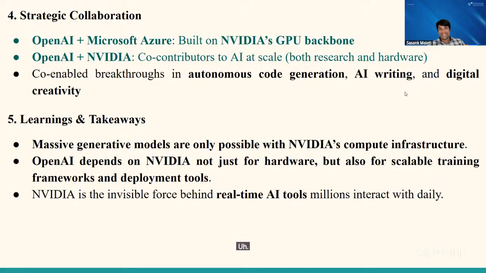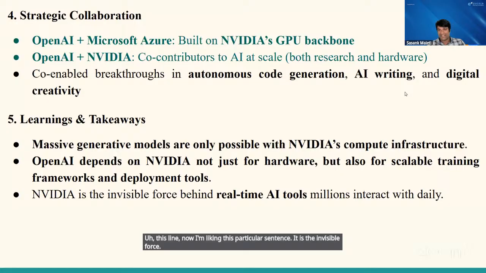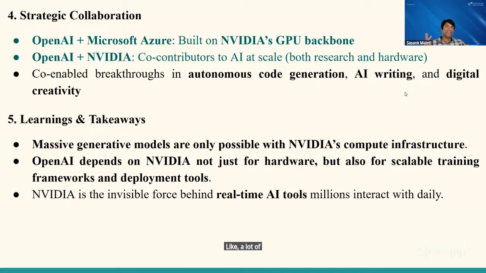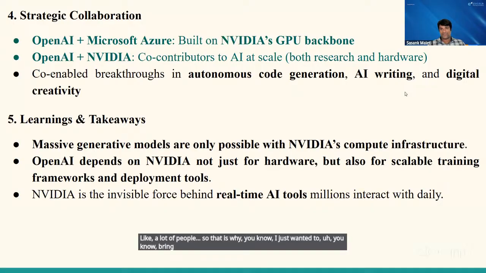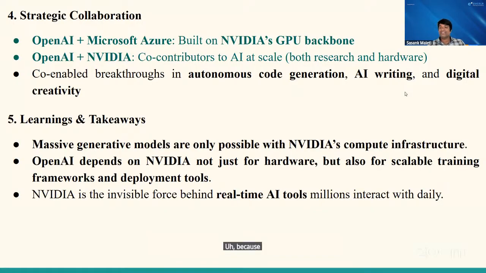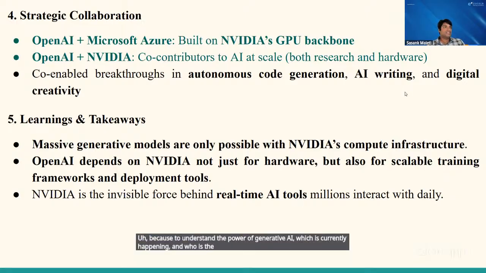Now I'm liking this particular sentence, it is the invisible force, right? That is why I wanted to bring NVIDIA into the picture as well, to understand the power of generative AI, which is currently happening, and who is the biggest infrastructure or hardware provider behind all these things.